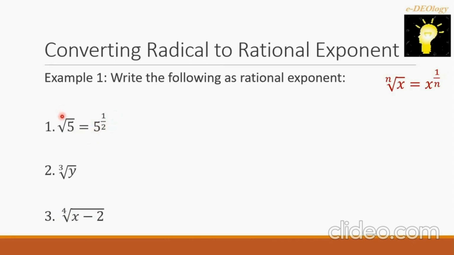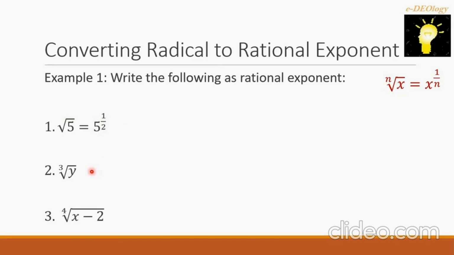In this case, there is no number, and if there is no number, it is understood to be 2. So the square root of 5 has an index of 2. So with that 2, we will use it as the denominator. So the final answer here is 5 raised to 1 over 2.